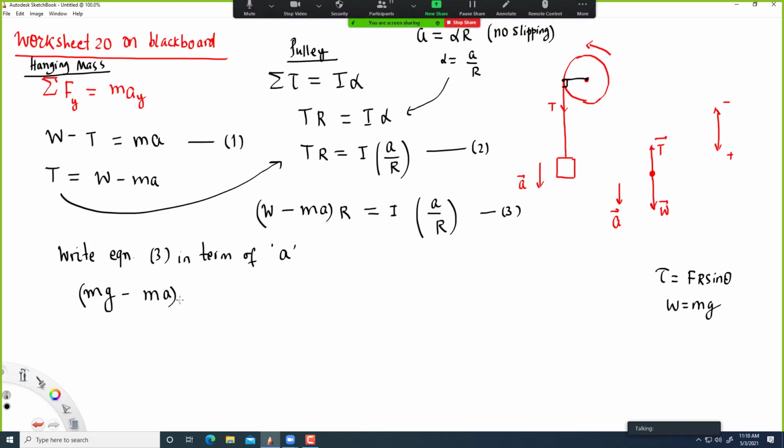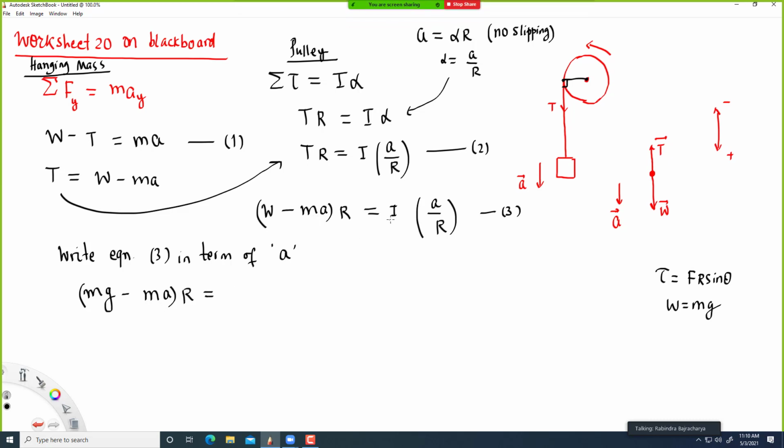Okay. So again, W is mg, and then we have ma times r. Now I is the moment of inertia. Since we are dealing with a pulley, we need to think about what's the moment of inertia of a pulley. A pulley is a kind of a disc. If you look at the moment of inertia for different objects, the moment of inertia for a disc is 1/2 mr squared.